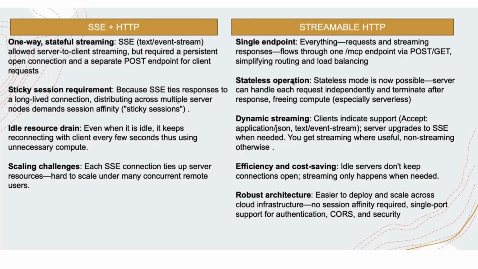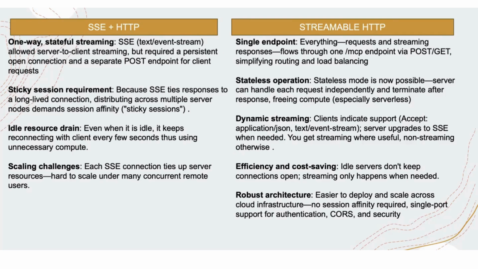Streamable HTTP, on the other hand, requires only one endpoint, which is the /MCP endpoint, and it supports both stateful and stateless connections, right? If I need, then I'll use a stateful connection.